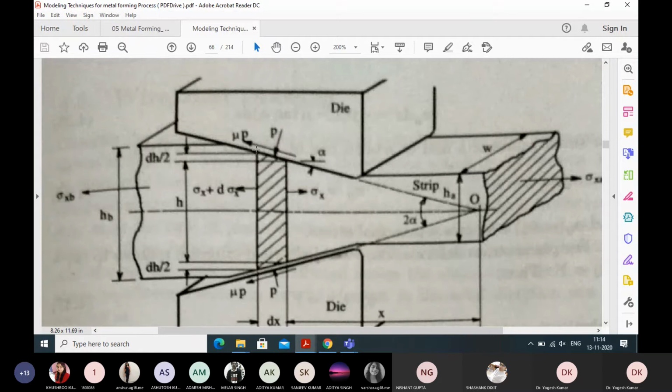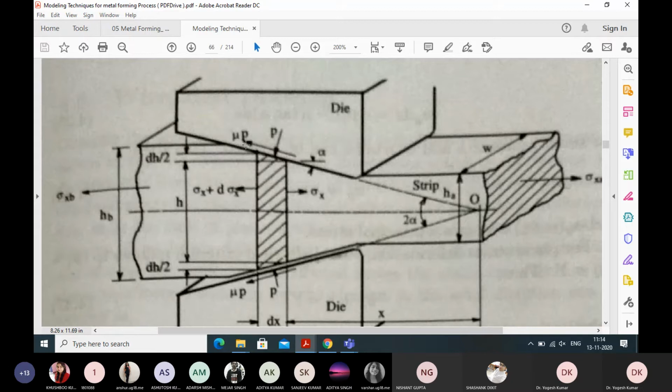We have found this length, and for finding the area under contact we have to multiply it by the width of the strip, which is w. So the area on which the force P is acting perpendicularly will be dx upon cos alpha multiplied by w.